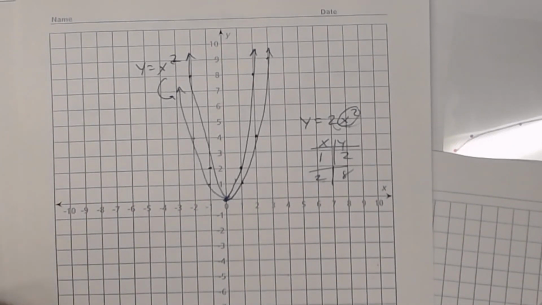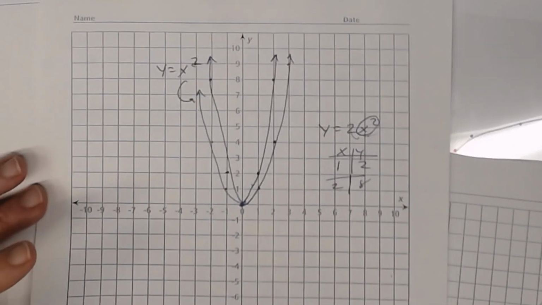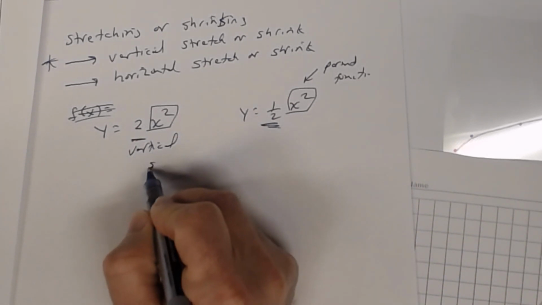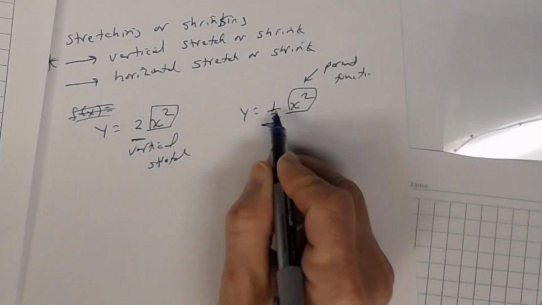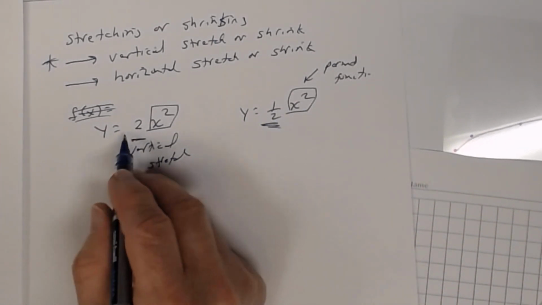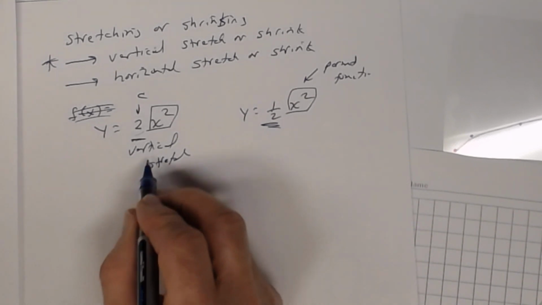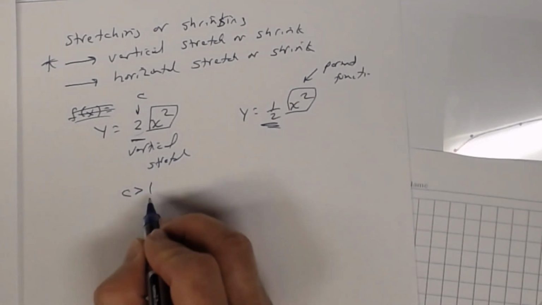Now a vertical shrink would look like this. So that's this one right here. So this is a vertical stretch. So vertical stretch is where this number right here, let's call it C, is greater than 1.